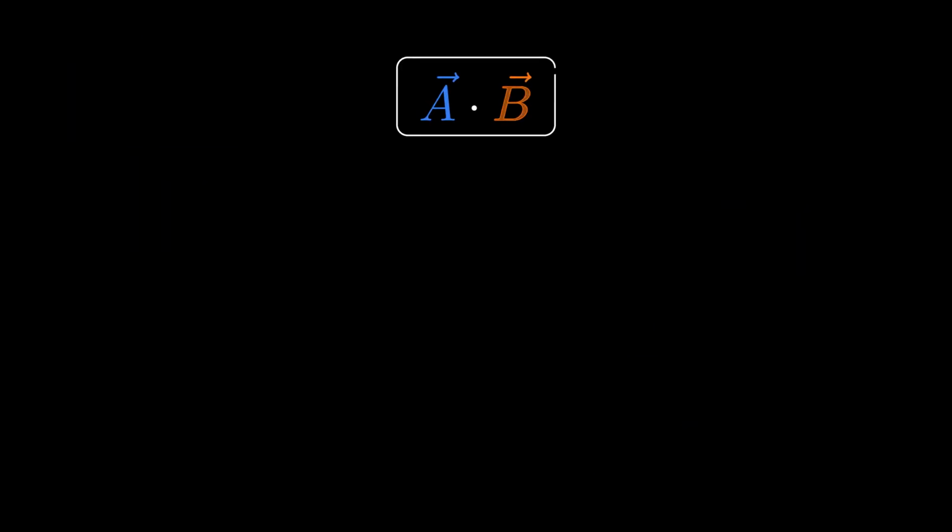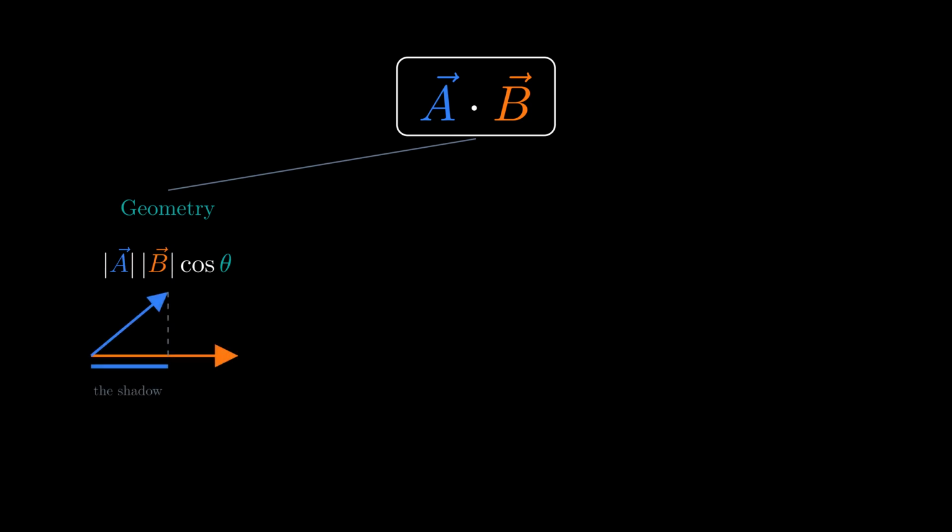One operation carried this entire video. The scalar product takes two vectors and returns one number, magnitude times magnitude, times the cosine of the angle between them, or equivalently matching components multiplied and summed. It measures alignment: positive when vectors cooperate, 0 when they are perpendicular, negative when they oppose.